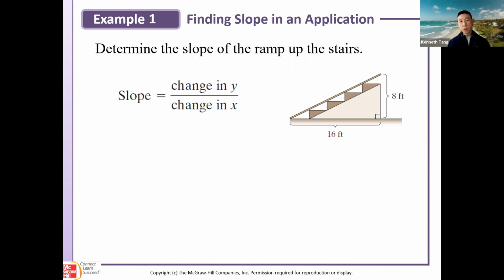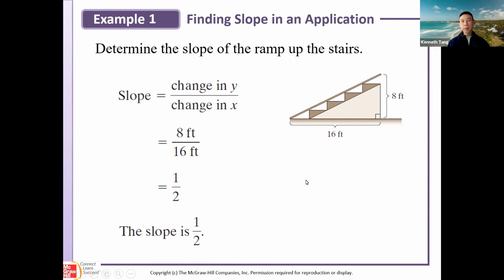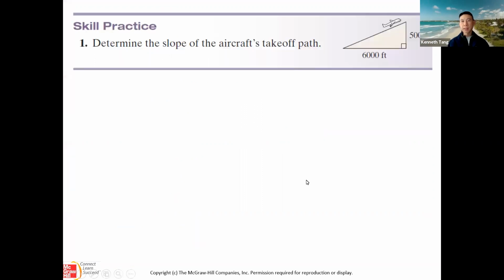The slope can be expressed as a ratio, a fraction, or a percentage. In this case, we have a change in y of 8 feet and a change in x of 16 feet. Therefore, the slope is 1/2, which you can express as 50% slope.